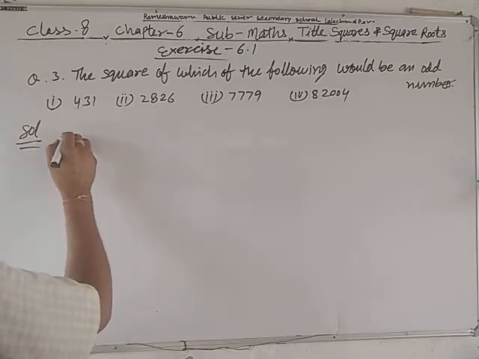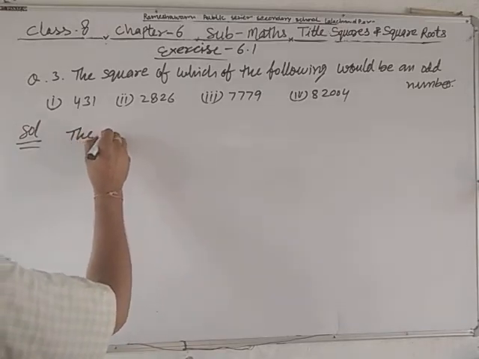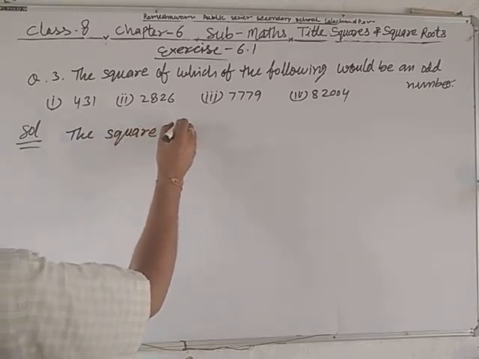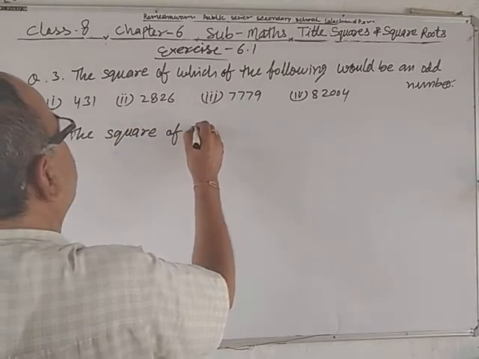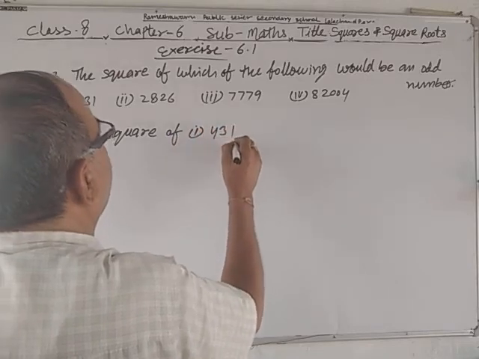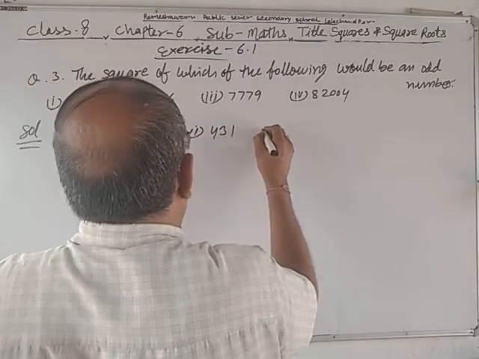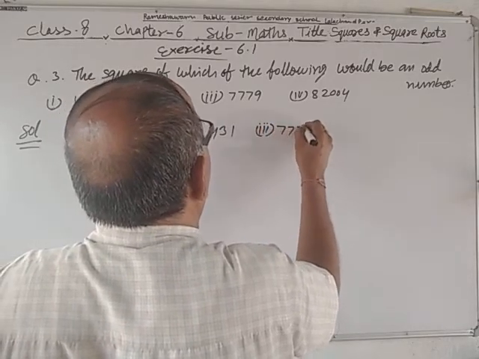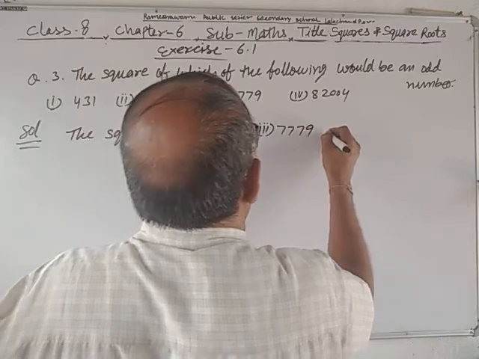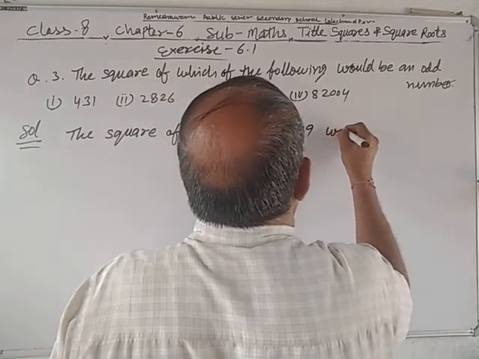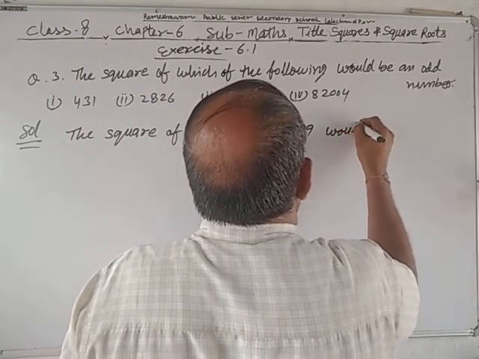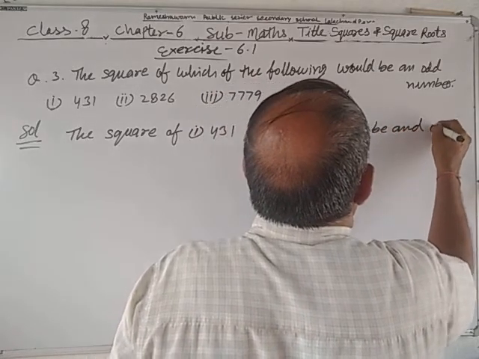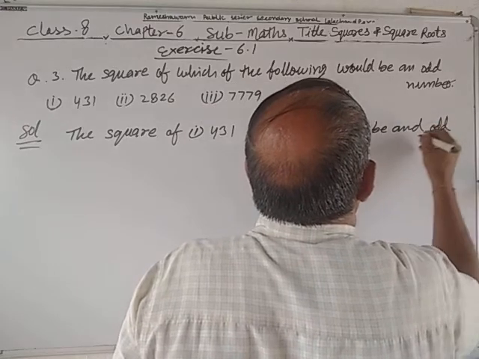Then the square of first, 431, and third, 7779, would be an odd number.